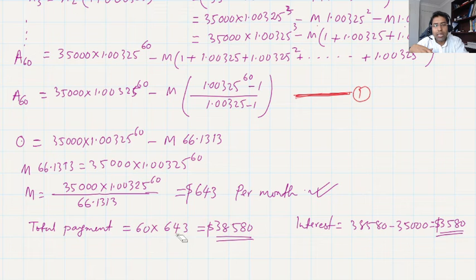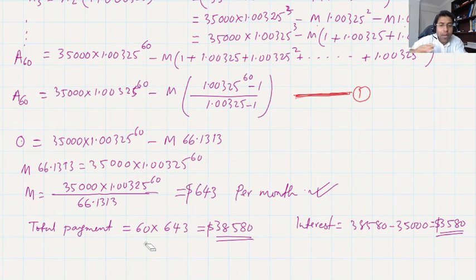Now if you want to know how much extra the bank is charging over the 5 years, that's a very interesting thing. That's what we always check, right? Basically, how much interest am I paying over the 5 years? We are paying 643 per month, and we are paying for 60 months, which is 5 years.